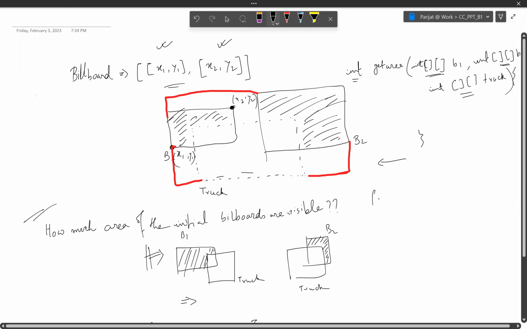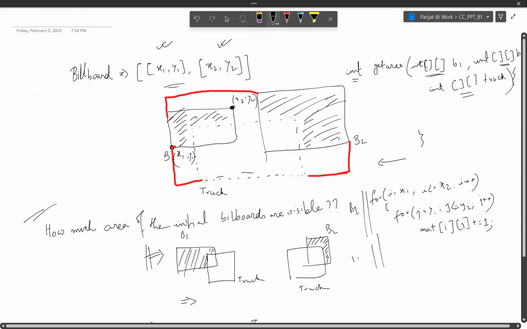So you can just run a loop: for i equal to x1, i less than or equal to x2, i plus plus, for j equal to y1, j less than or equal to y2, j plus plus, you have created your own matrix, so mat[i][j] plus equal to 1. Initially it was 0, you do plus equal to 1. This you do for billboard 1.